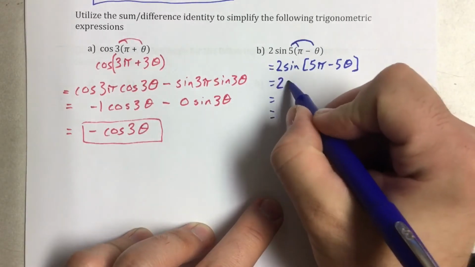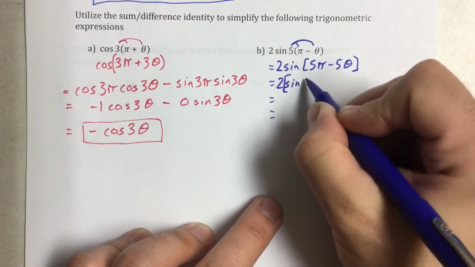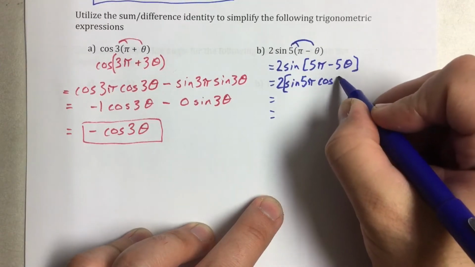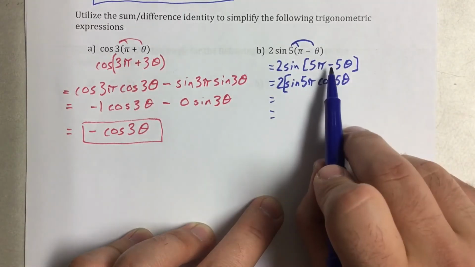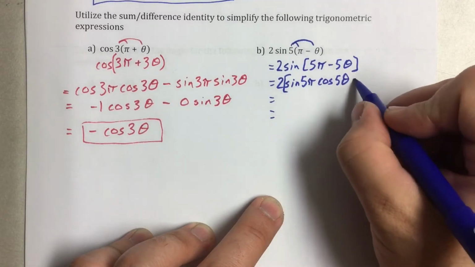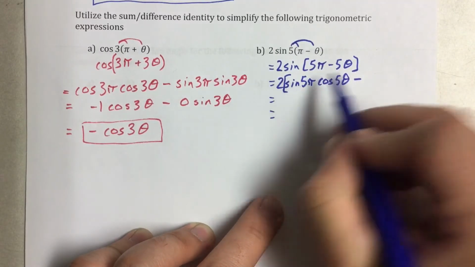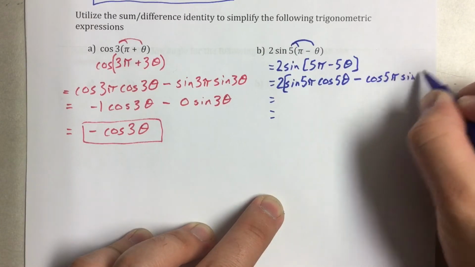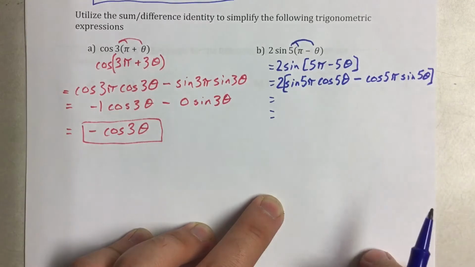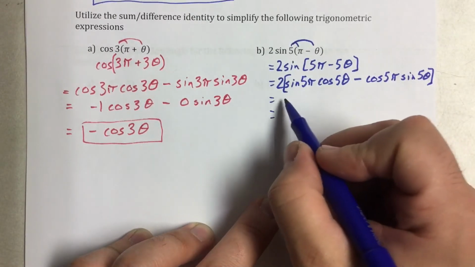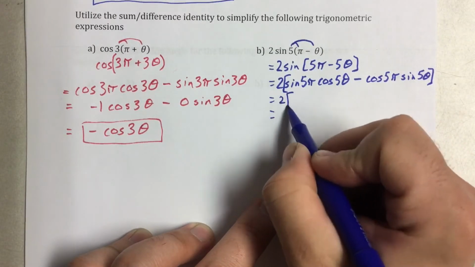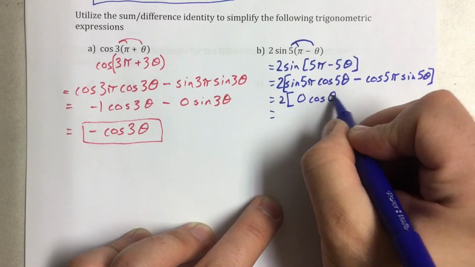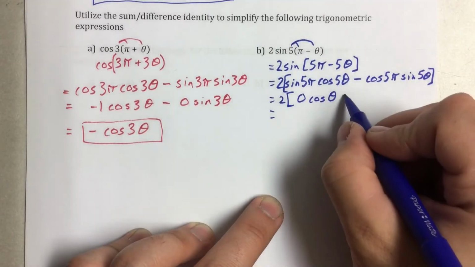So 2 sine of 5 pi, cosine of 5 theta, and with sine, if we have a difference, it stays a difference, minus cosine 5 pi, sine of 5 theta. So with that, we would have 2 still in the front. Sine of 5 pi is 0. Cosine of 5 pi is -1.